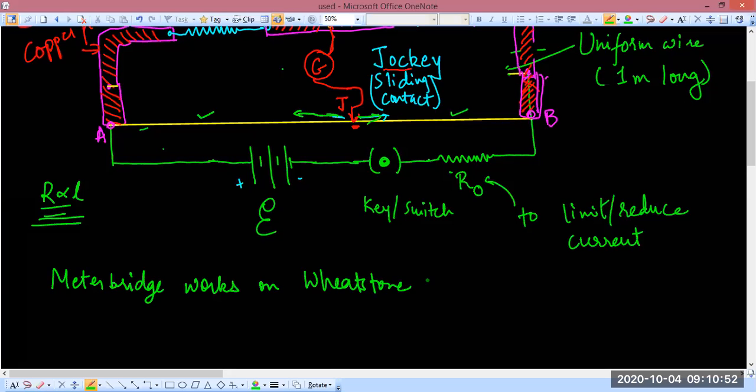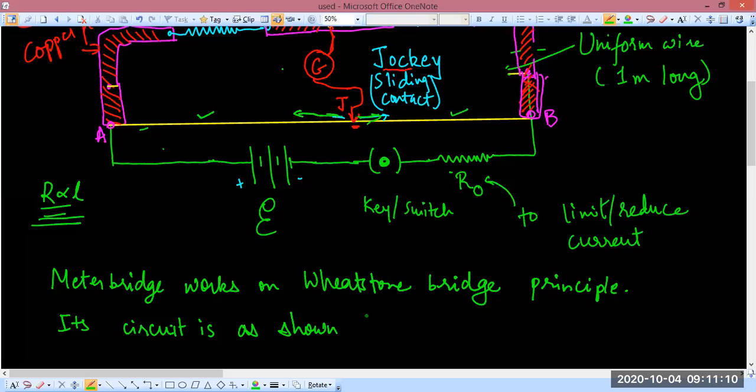I'm just helping you write a theory. Its circuit is as shown here. બસ એટલું લખી નાખવાનું, બરાબર?